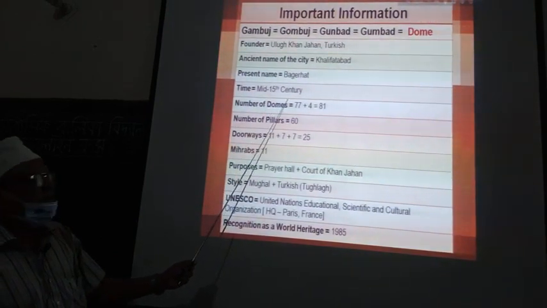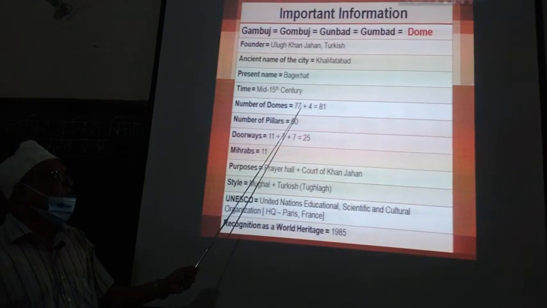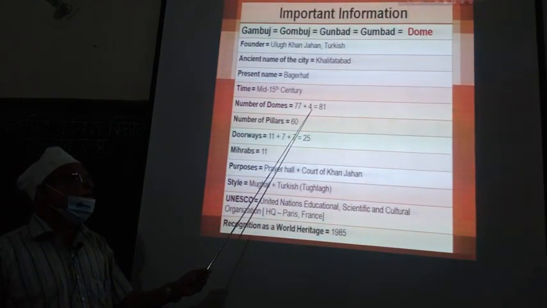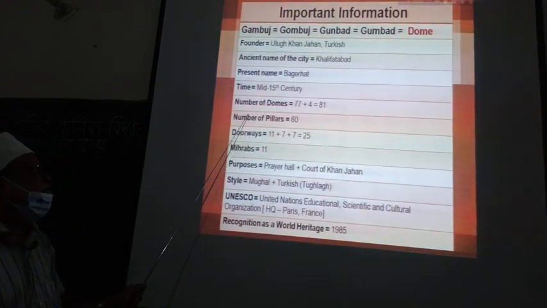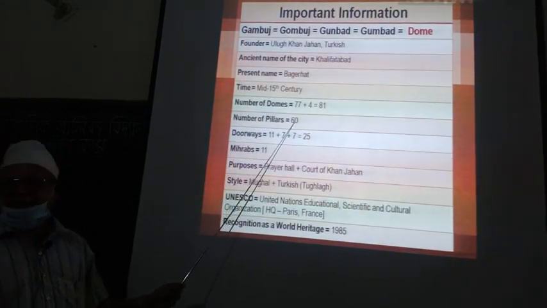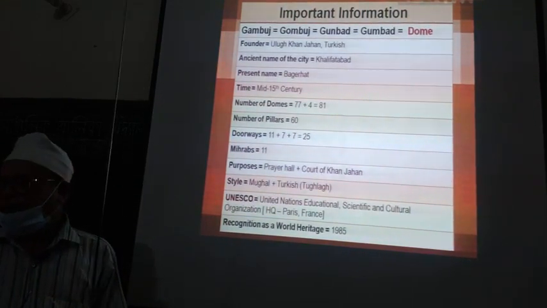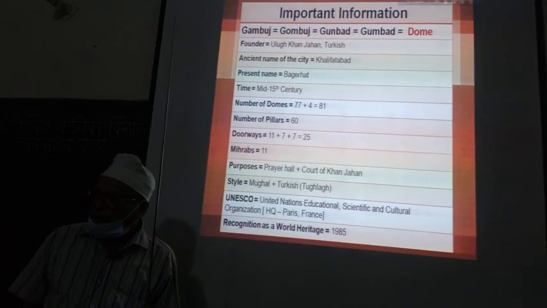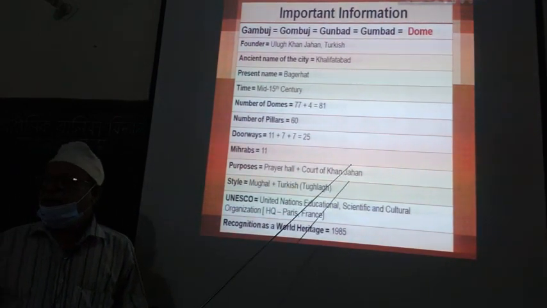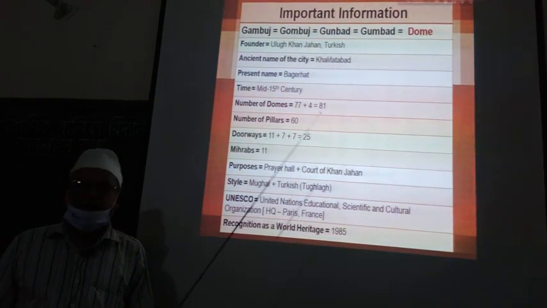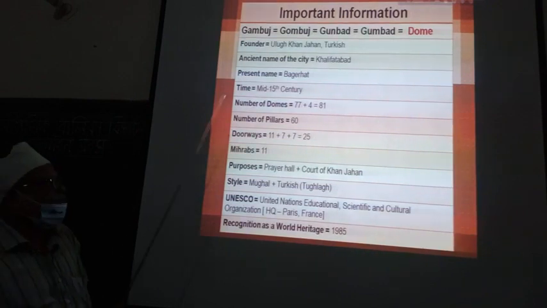Time, mid-15th century. Number of domes 77 plus 4 is equal to 81 domes at least. Number of pillars 60, and the roof of this mosque is supported on and stands on these 60 pillars. For this it is called Shat Gumbaz Mosque.